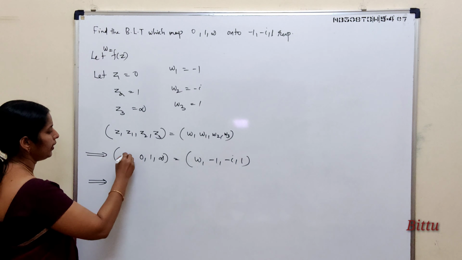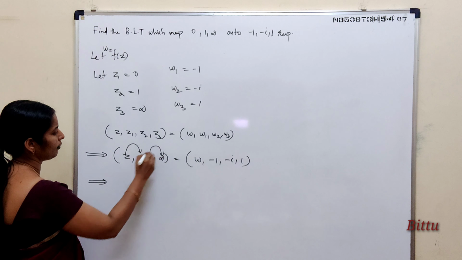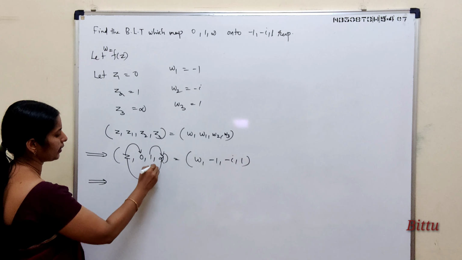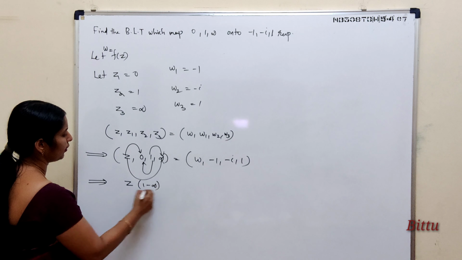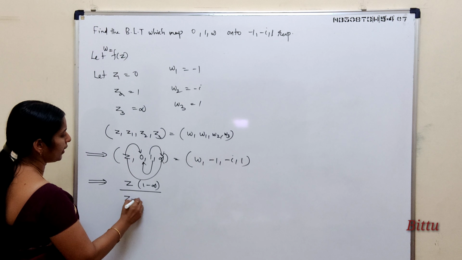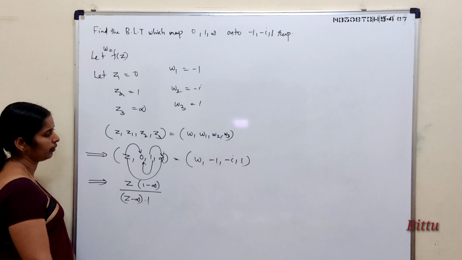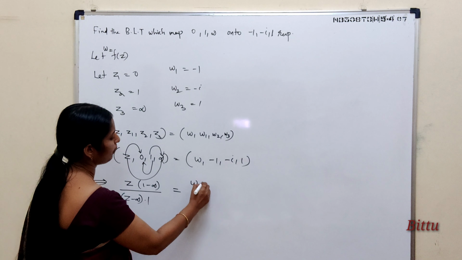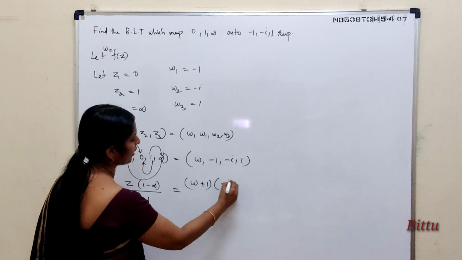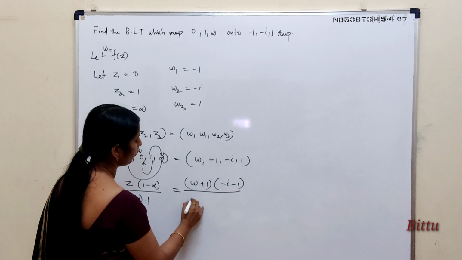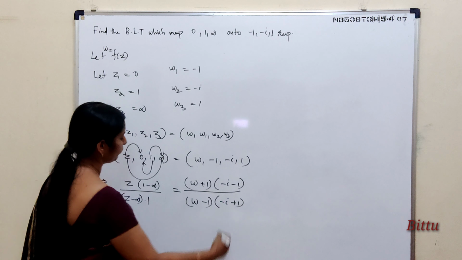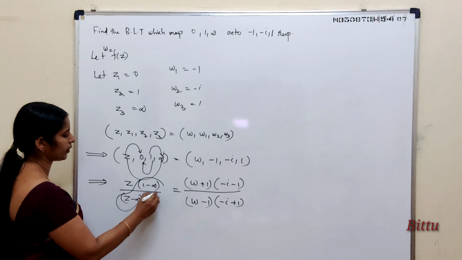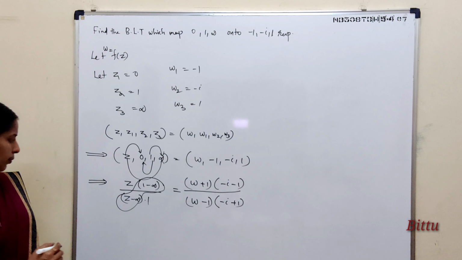Which implies it is z minus 0 into 1 minus infinity whole divided by z minus infinity into 1 minus 0. That is z into 1 minus infinity by z minus infinity into 1 is equal to omega plus 1 into minus i minus 1 divided by omega minus 1 into minus i plus 1. You keep this ratio as 1. That is the definition of cross ratio.